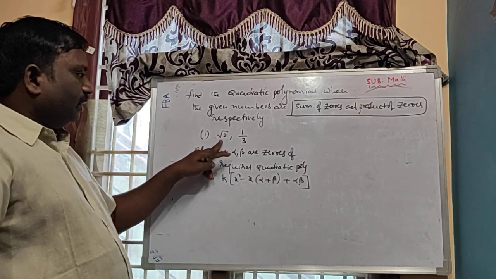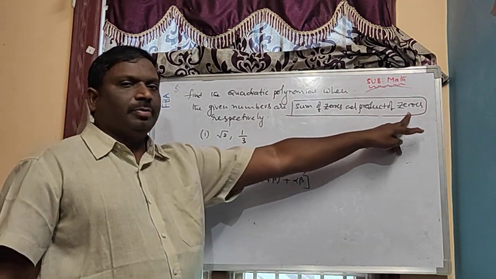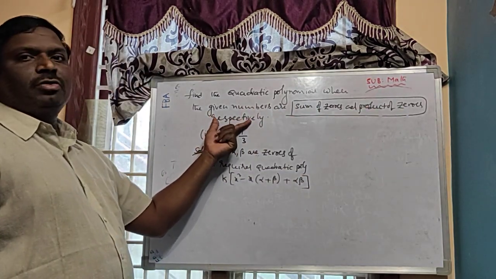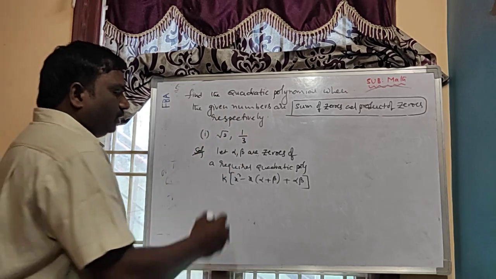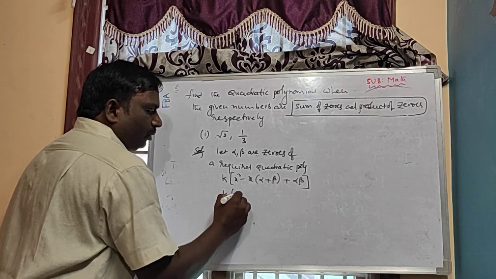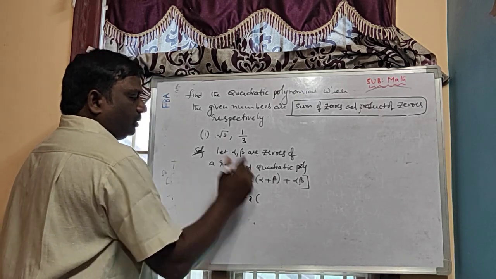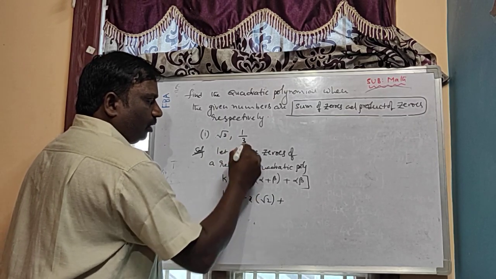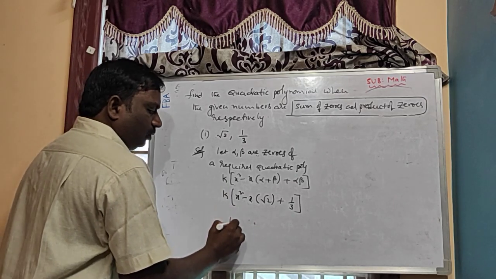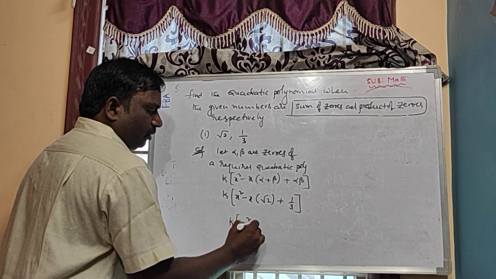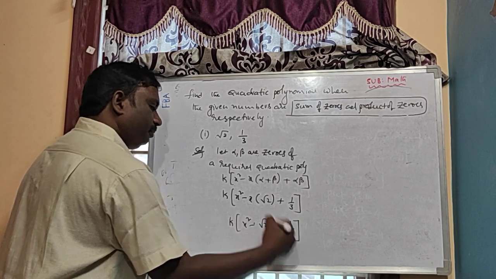Respectively means the first value is related to the sum of the zeros and the second value is related to the product of the zeros. Irrespective means we can take any value for alpha plus beta and any value for alpha into beta. So k into x square minus x into the sum of the zeros, root 2, product of the zeros, 1 by 3. So k into x square minus root 2 x plus 1 by 3.